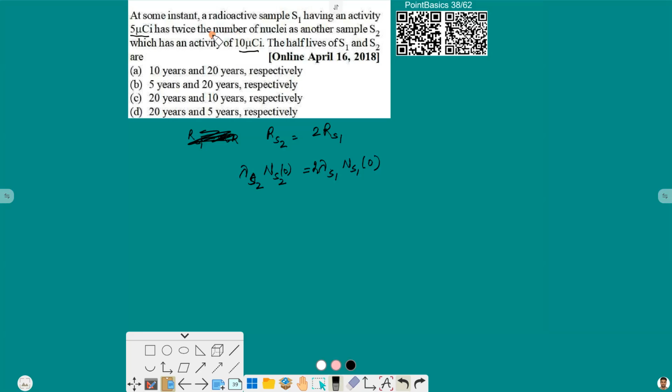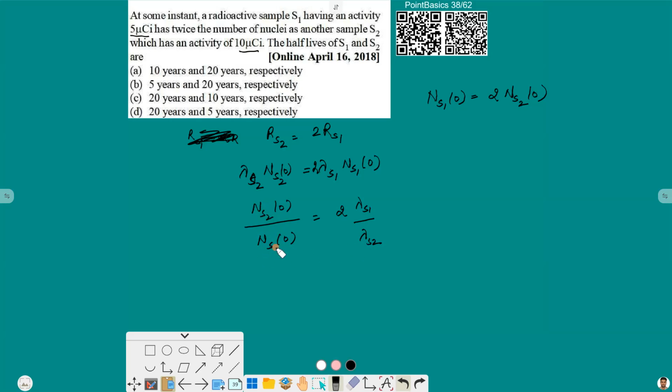Now it is mentioned also that nuclei of S1 is twice the number of sample S2. So NS1 node is equal to twice the NS2 node. So from this, I can write that NS2 node divided by NS1 node is equal to twice lambda S1 by lambda S2.